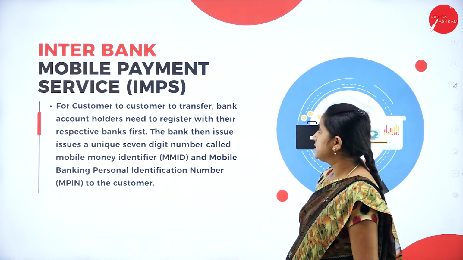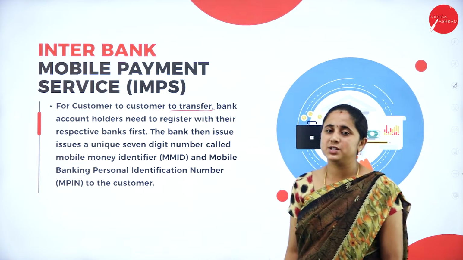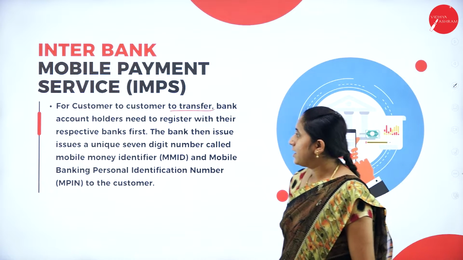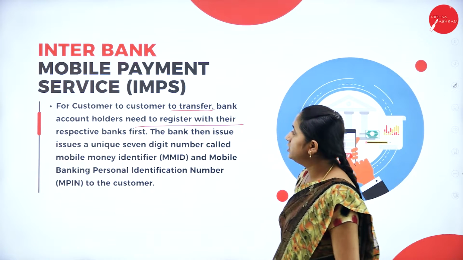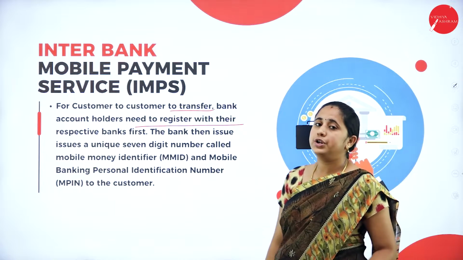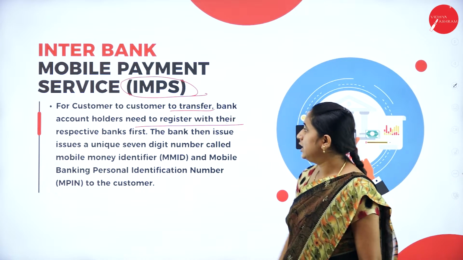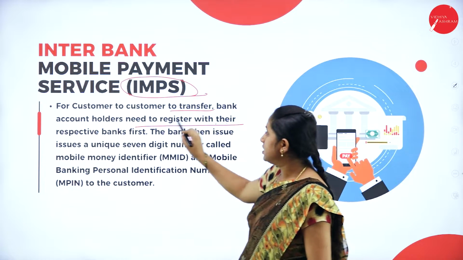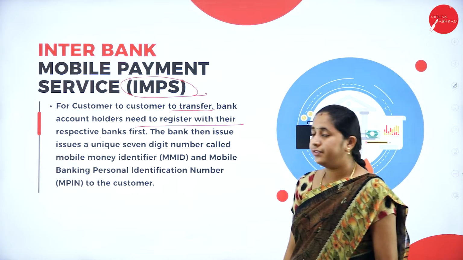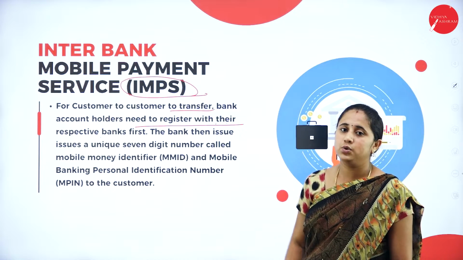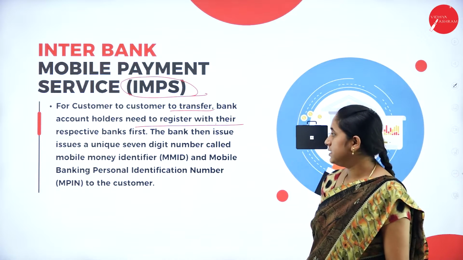For customer to customer transfer, to transfer funds from one customer to another, a bank account holder needs to register with their respective bank first. So in order to get this IMPS service, first you need to register, then you can utilize this service or facility.